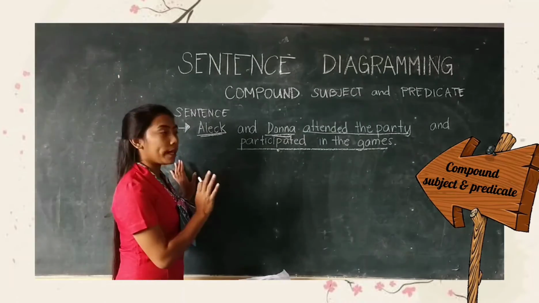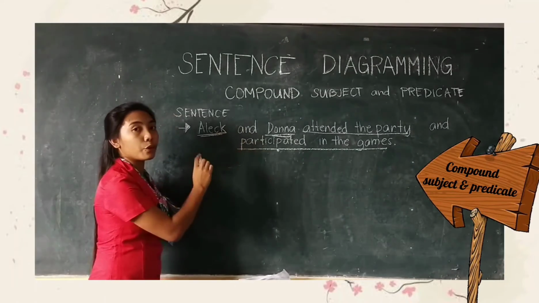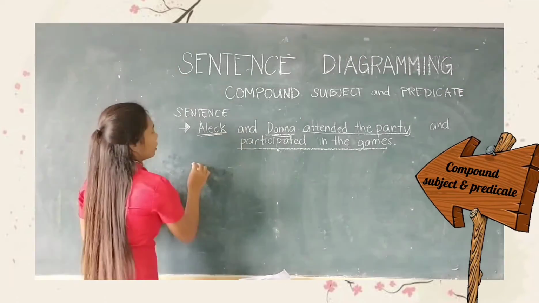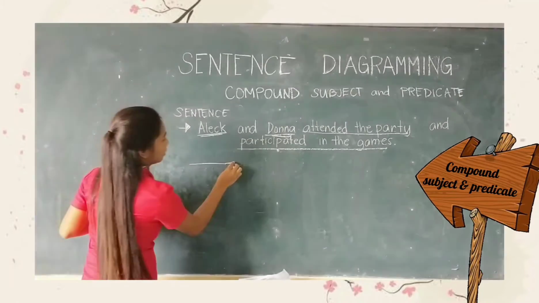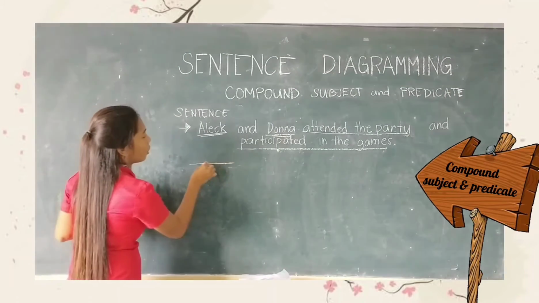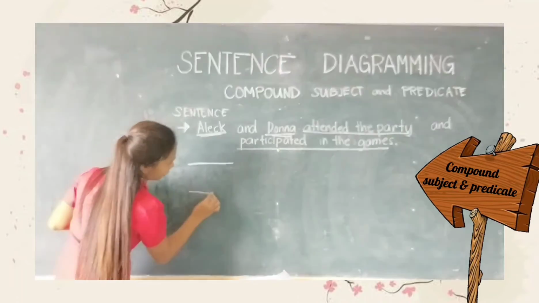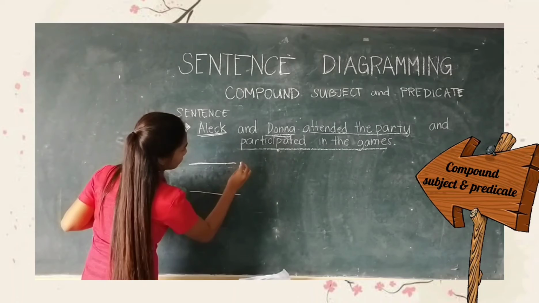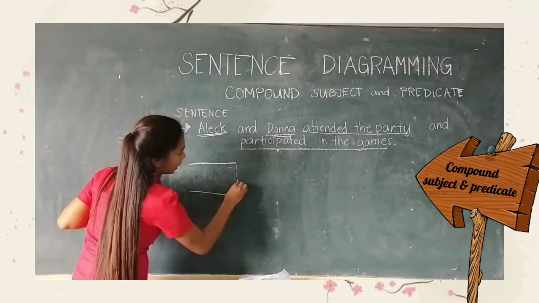So as I said a while ago, if we have two subjects, we need to create branches. So for our subject, we have to draw one horizontal line and another horizontal line, which are interconnected with a dashed vertical line.